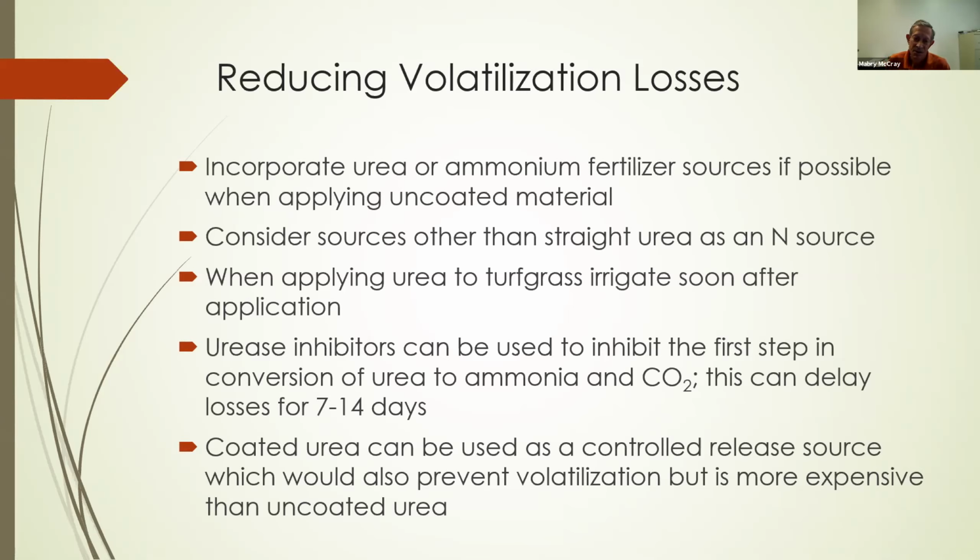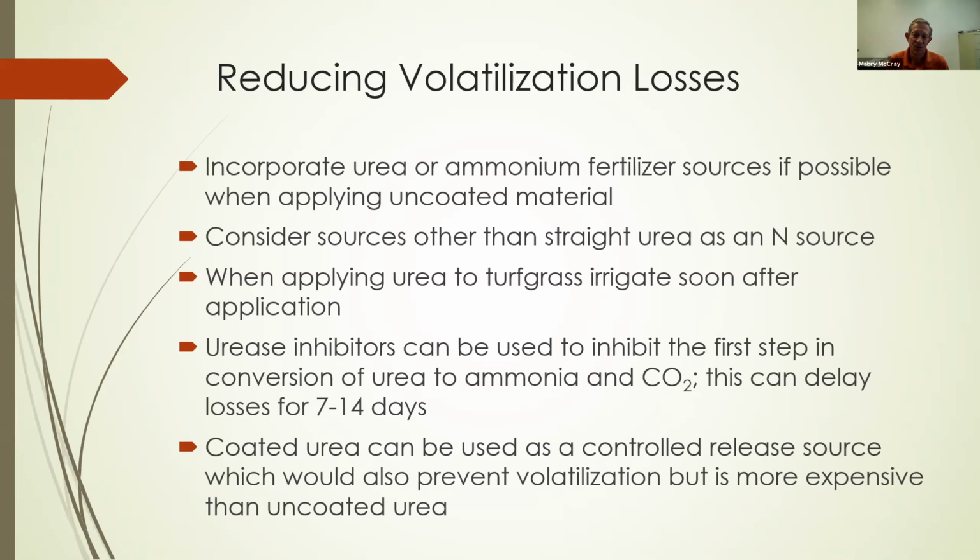Also, urease inhibitors. Urease is an enzyme that promotes the conversion to ammonium and the loss of nitrogen. And so you can apply urease inhibitors that will inhibit the first step in this conversion. But the downside is this delay can only last for typically 7 to 14 days.